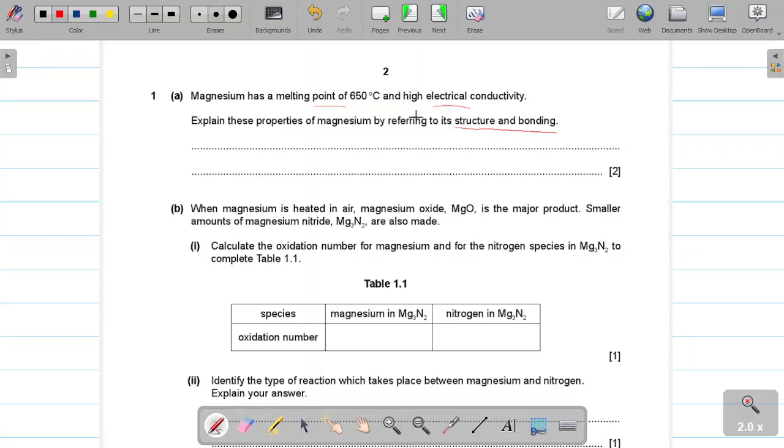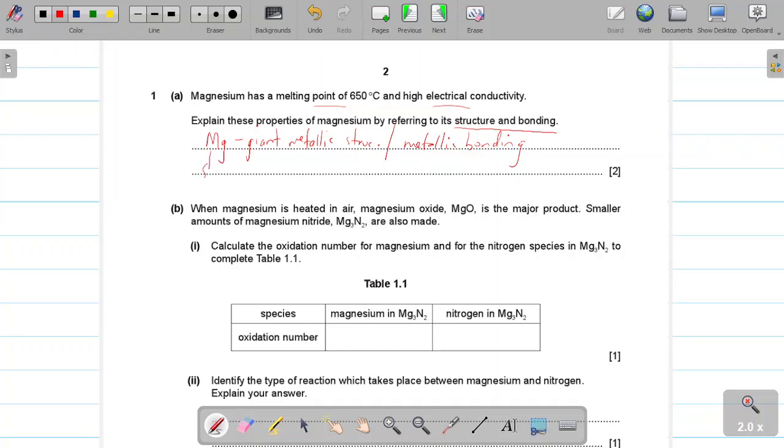So first thing, we need to be able to identify that there is a difference between the terms structure and bonding. For magnesium, we can say that magnesium has a giant metallic structure with metallic bonding. The high melting point is attributed to the strong metallic bonds within the structure.